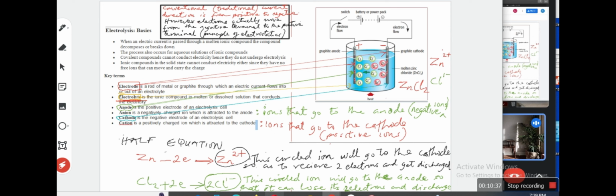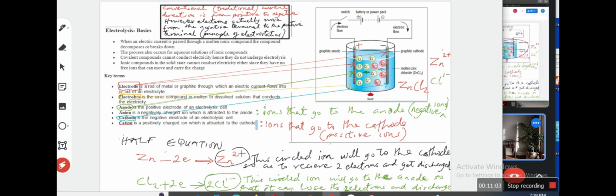Now, electrolyte is the ionic compound itself through which the electricity flows. Remember that the ionic compound can be in molten state or in aqueous solution. Like in this particular example, the diagram I have here, what is the electrolyte?